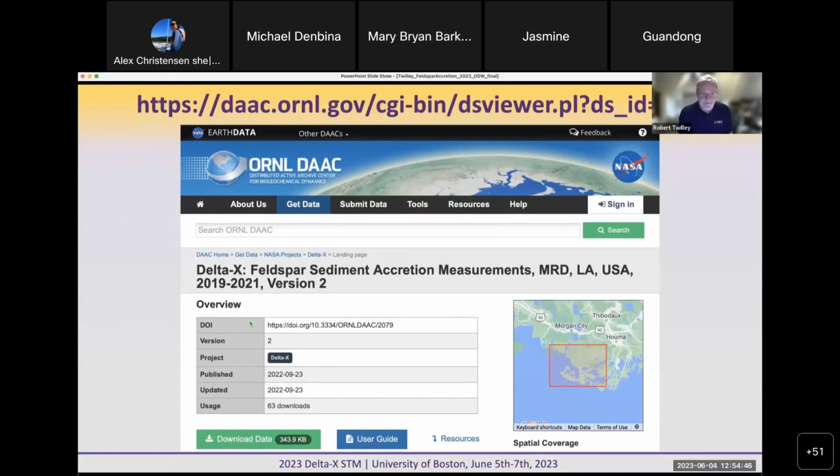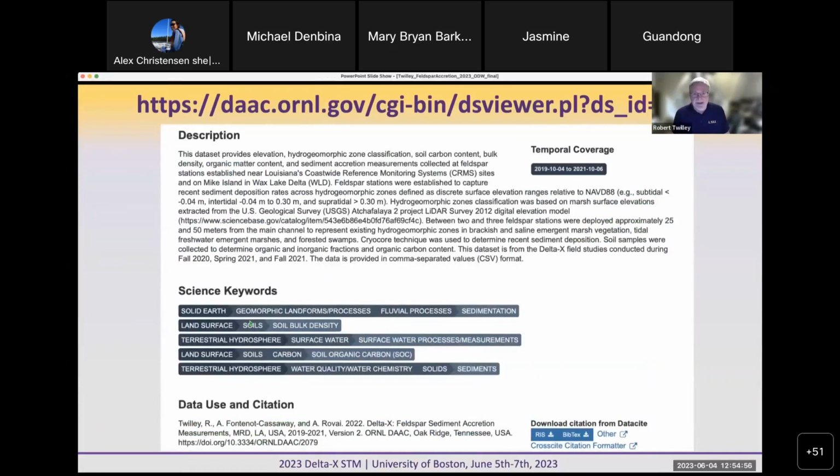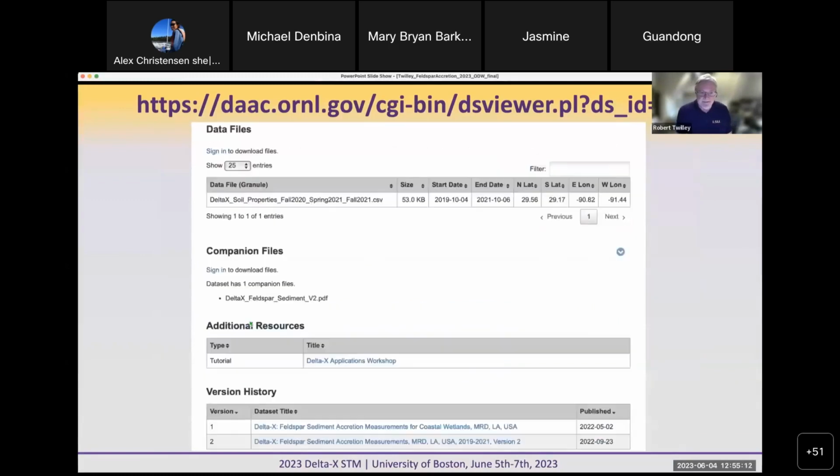You'll see in version 2, we have a campaign this fall, and we'll have a new update, version 3, and that will be coming up. There are descriptions of the data set. Again, what's really critical is that the description and the data set are all organized around that hierarchy, at which we define the hypotheses that we've been testing.